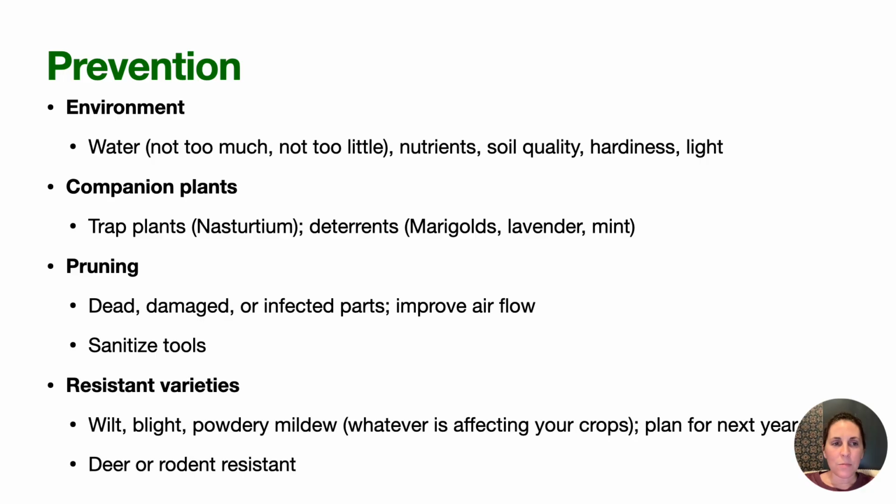And then also prevention includes considerations for resistant varieties. And that might be something like choosing plants that resist the things that your garden might have in the environment, including wilt, blight, powdery mildew, or whatever might be affecting your crops, and then making a plan for the following growing year.